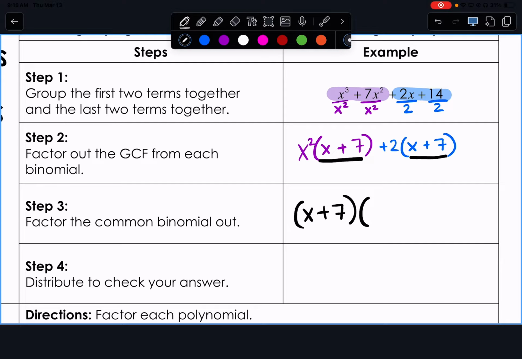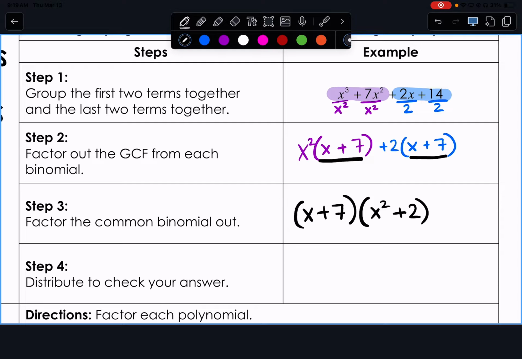What is left? So we take x squared plus 2. We take the thing that's the same and put it first, and then we take what is left over and put it there. Okay, that's what's happening.